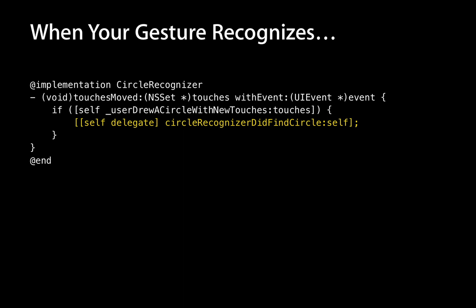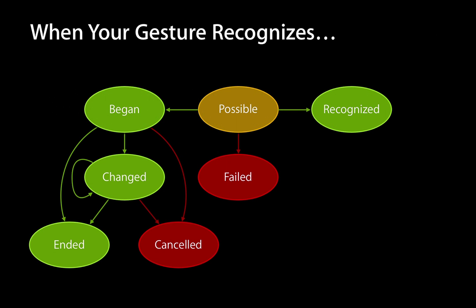Is it recognized? Is it failing? What's happening? And so the number one responsibility for you as a subclasser is to move your gesture recognizer through this state machine that Josh was talking about. You need to tell the system what's going on so that it can make the other gestures, which maybe you don't even control, react accordingly.